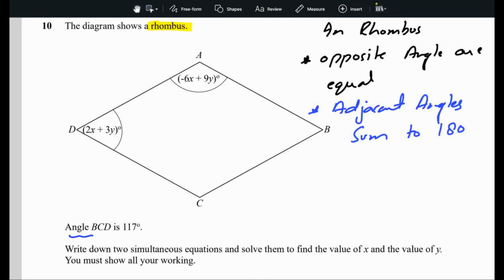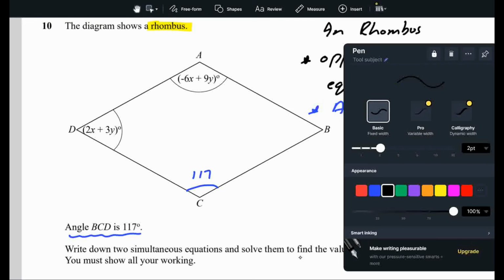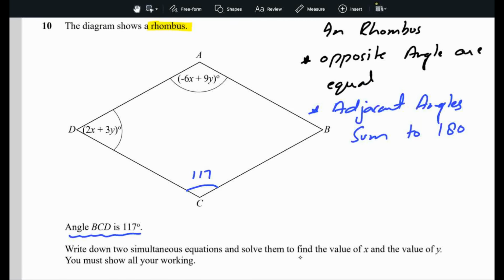It is given here that BCD is 117, so this angle is 117. So these two statements mean what? The first statement means that minus 6x plus 9y is equal to 117.